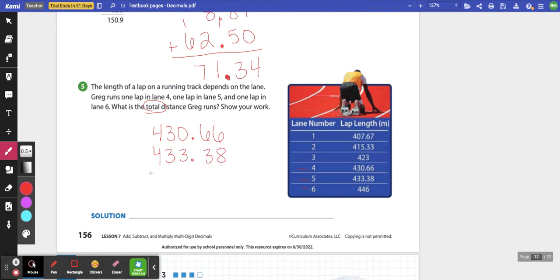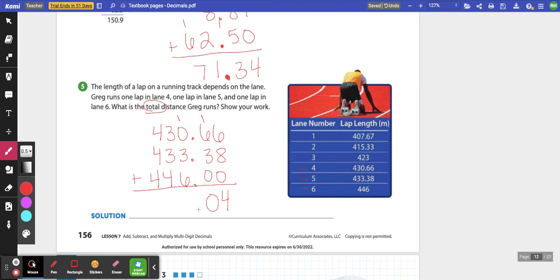This last one is a whole number, so I know that goes before the decimal. 0.00. 8 plus 6. 6 plus 4.